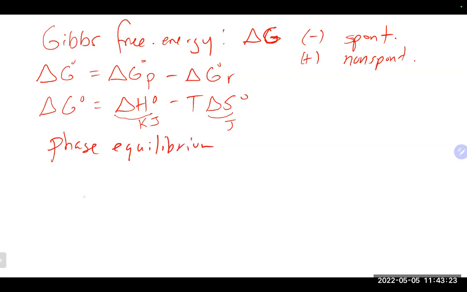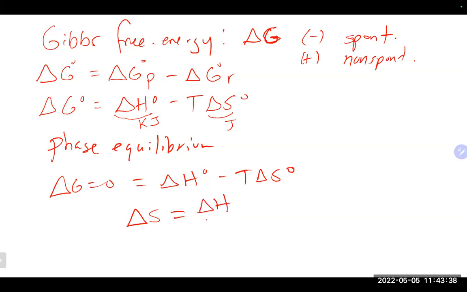And basically what that would mean is our delta G would equal 0, which gives us delta H minus T delta S. Rearranging and solving for delta S would give us delta H divided by T. And we could use this, for example, for what I think we finished up on, the entropy of vaporization, which is the entropy change that occurs as we do the transition from liquid to gas or backwards.